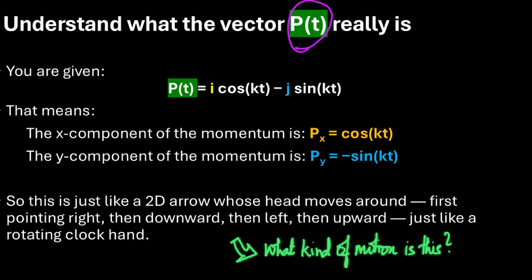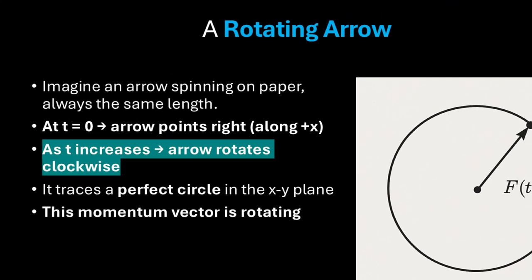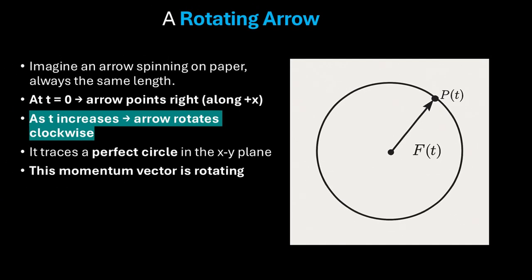So this is just like a 2D arrow whose head moves around, first pointing towards the right, then downwards, then left, and then upwards. Now, what kind of motion is this? If you would make a guess, exactly, this would give you a rotating arrow.